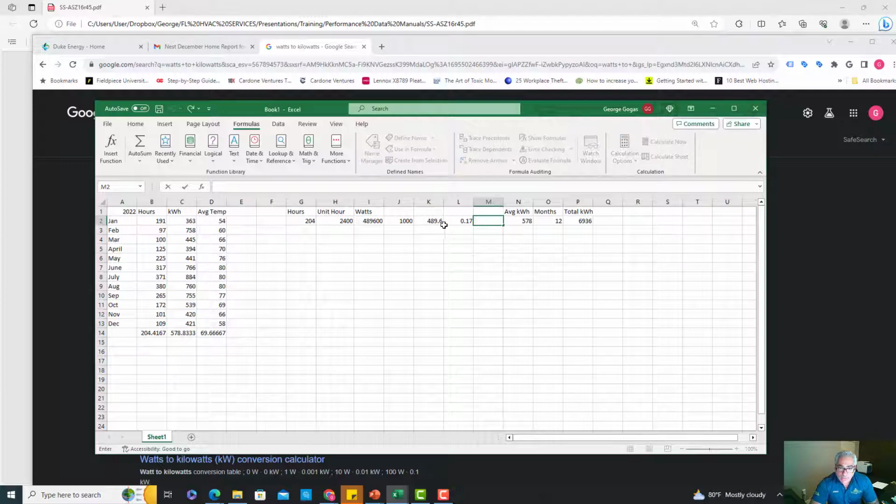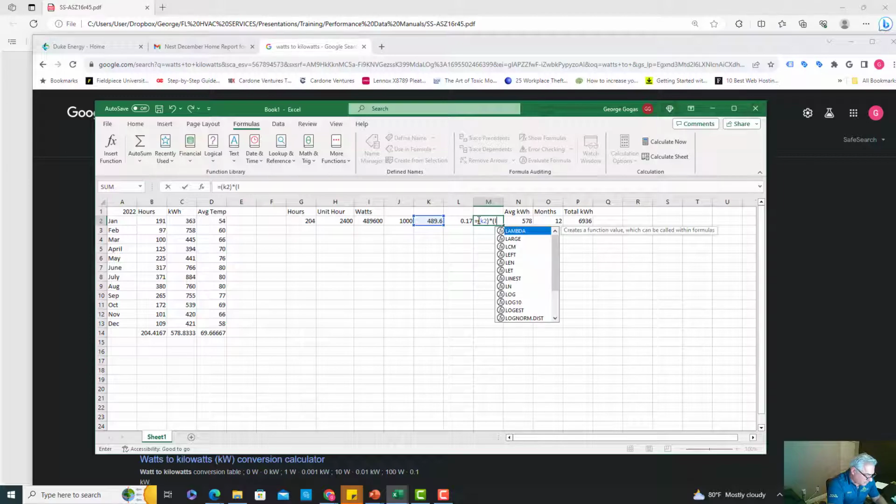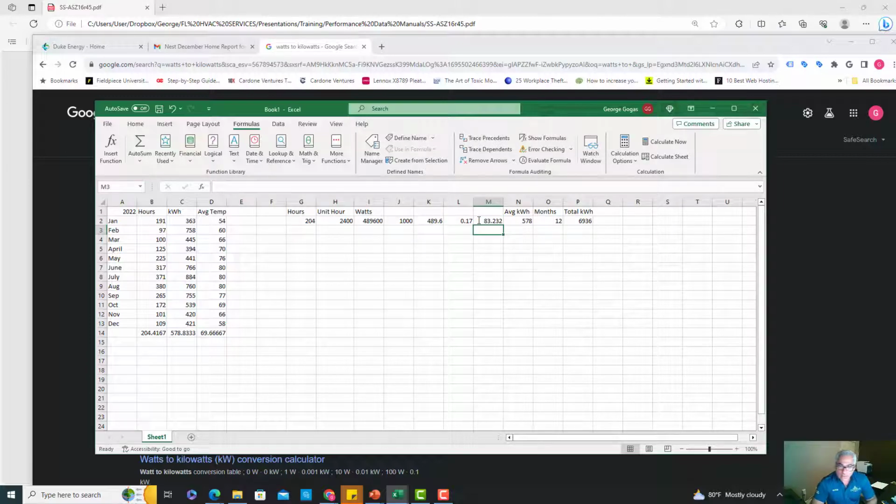Okay, so we're going to take this column here, and we're going to do the math, which is K2 times L2. So I'm paying $83 a month for my electric bill, just for my air conditioning. Okay? That's what it cost me if my rate was 17 cents.